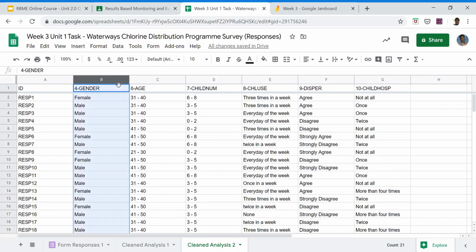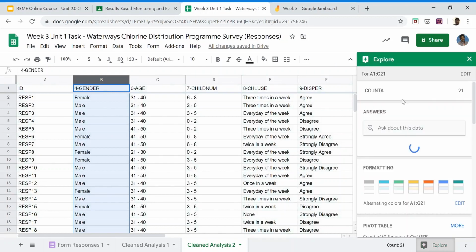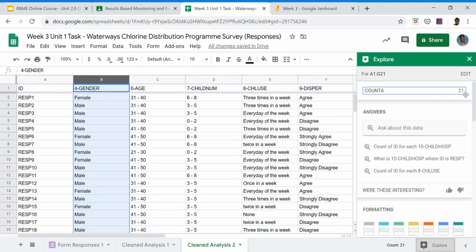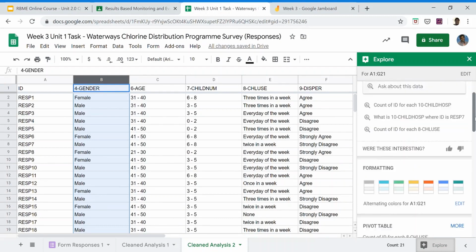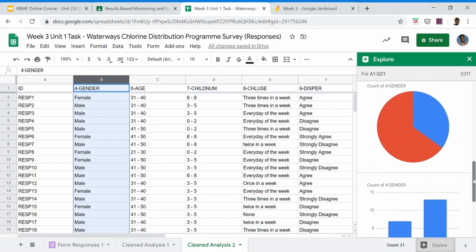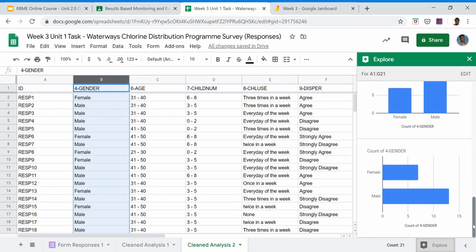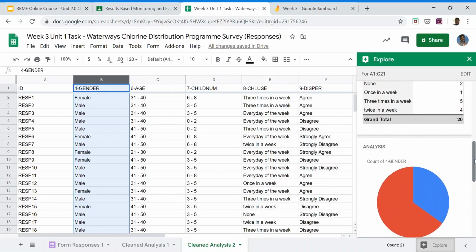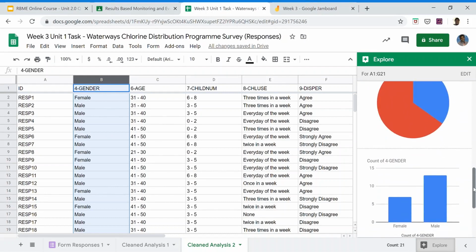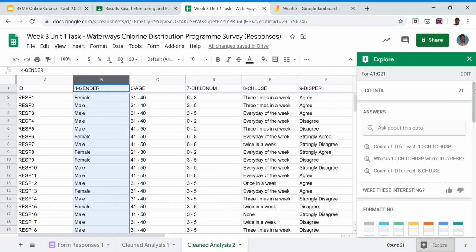All you need to do is click on the row if I want to know the number of male to female, and I hope you're seeing the counts, like it's counting 21. So you need to take cognizance. It also tells us here that it's counting 21. Once you click explore, it uses artificial intelligence to give you a presentation of the analysis.